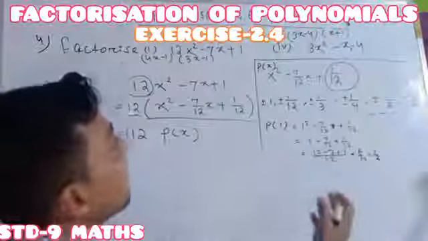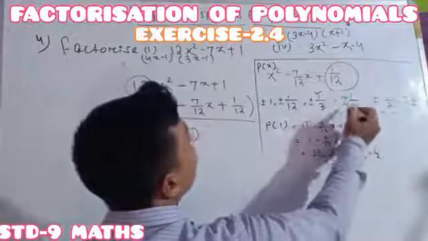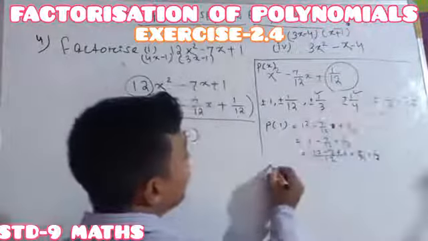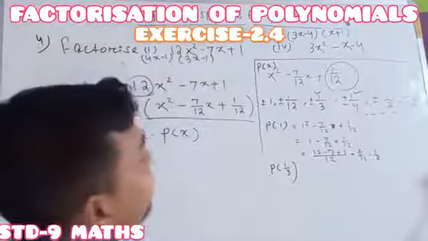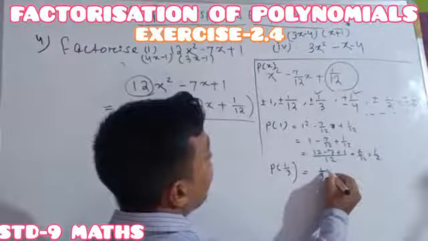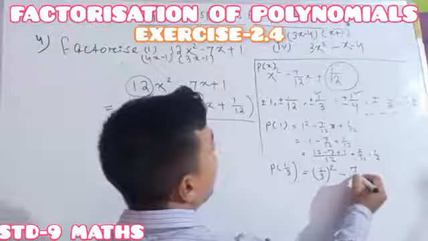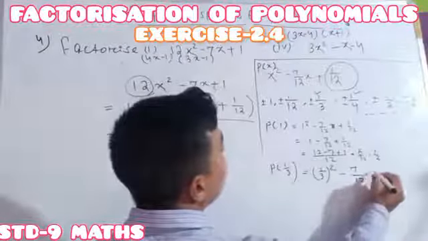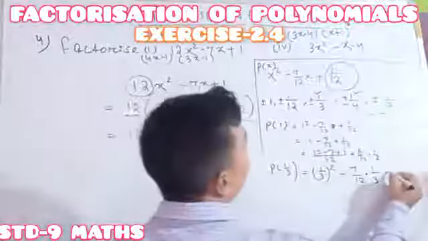Okay. But secondly, I am attempting to find out. Here it is 1 by 3, and here it is 1 by 4. So p of 1 by 3 I am trying. P of 1 by 3, how much is it? Just see: 1 by 3 square minus 7 by 12 into x, that is 1 by 3, plus 1 by 12.